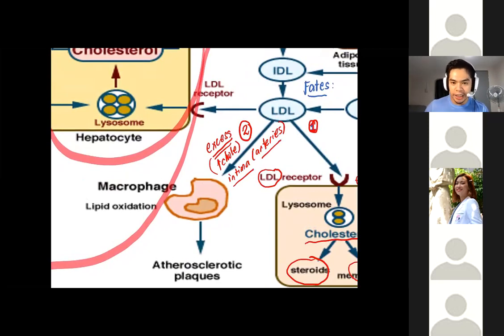Yung wall ng artery. So what could happen if naging existent na or naging evident na ang mga excess LDL sa arteries natin? This could be detected by the macrophages.